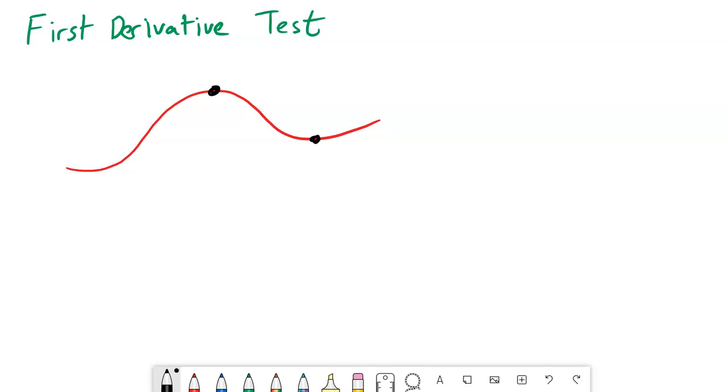And the way you can do that is if we model the change in terms of a function f of x, we can find maximum values and minimum values, local max and local min, if you remember from a previous video of mine. And we want to talk about how to do this with the first derivative test.